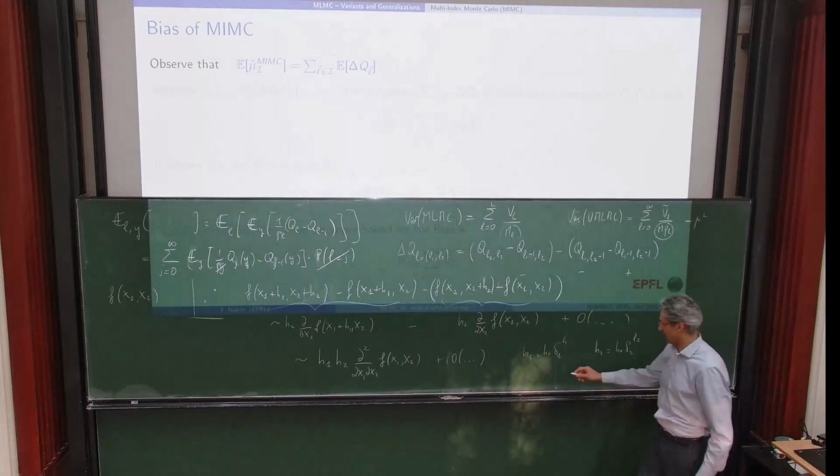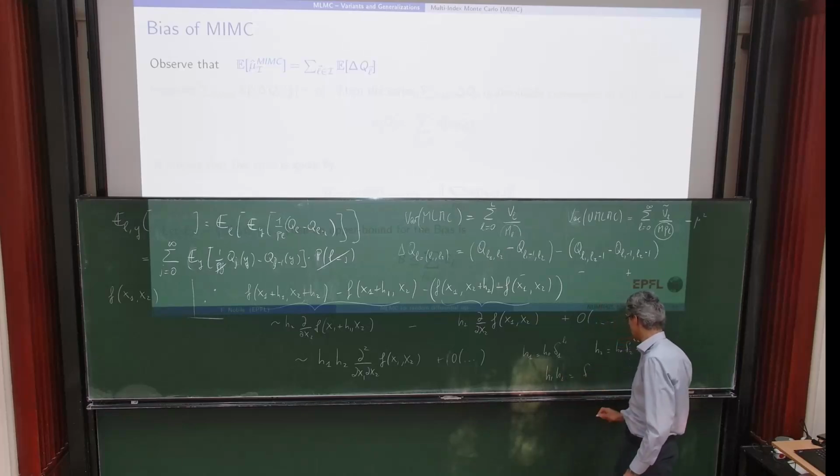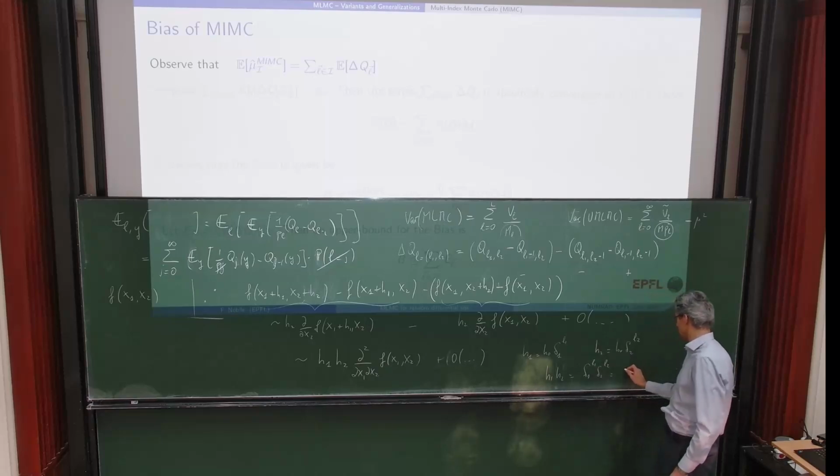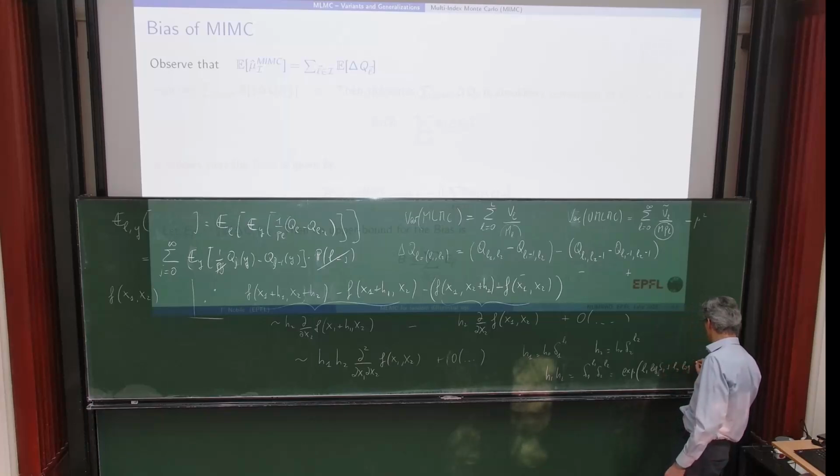If I take the product of the two, I will have delta 1 to the L1 times delta 2 to the L2, which I can write as, let's say, the exponential of L1 logarithm delta 1 plus L2 logarithm of delta 2.